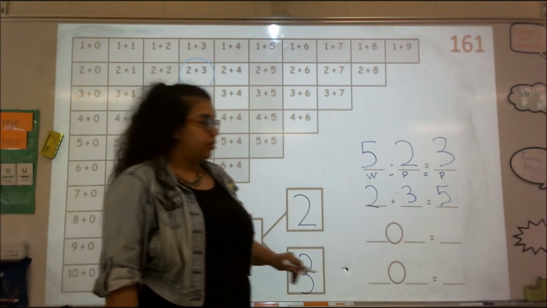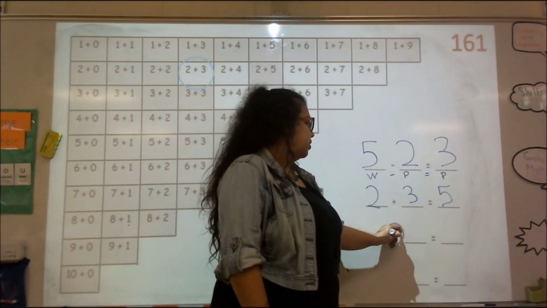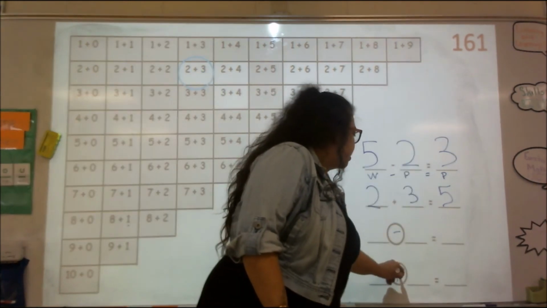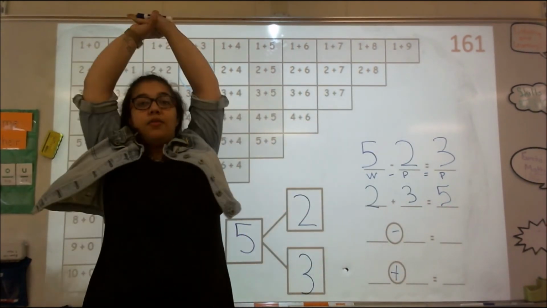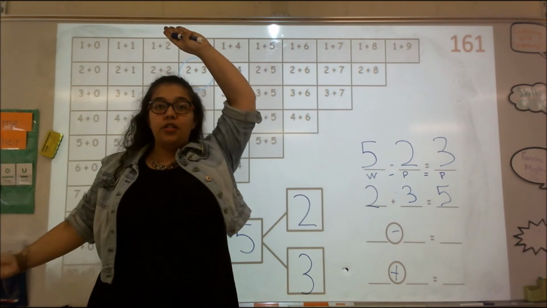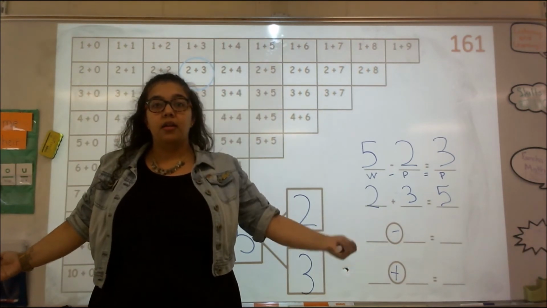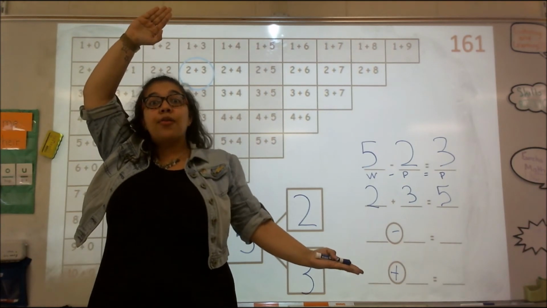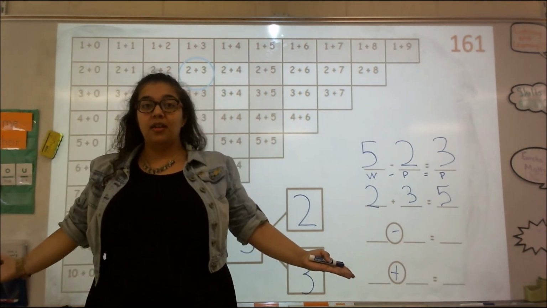So let's do subtraction. We're going to keep our little subtraction, addition, subtraction, addition. So if we started with 5, we took away 2, we were left with 3. Now, starting with 5, take away 3, we will be left with 2.